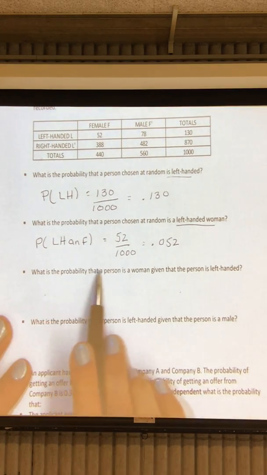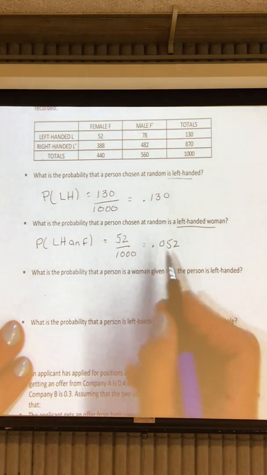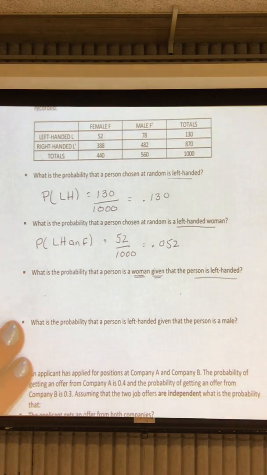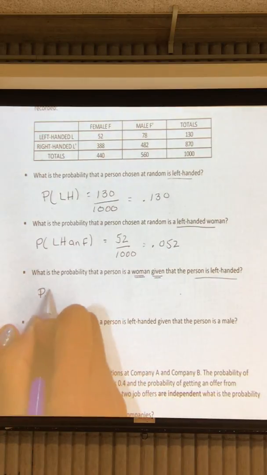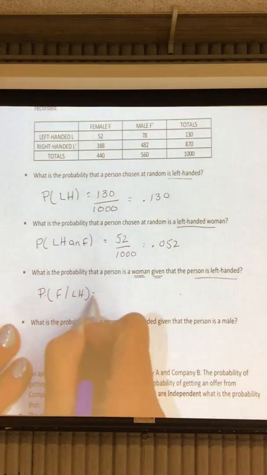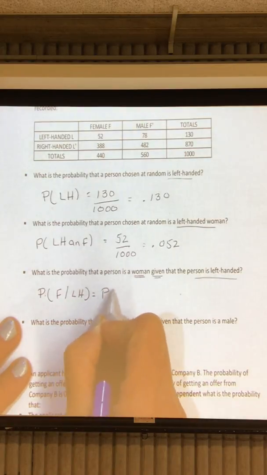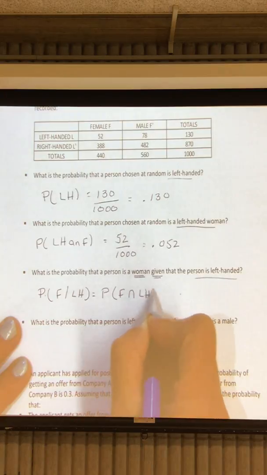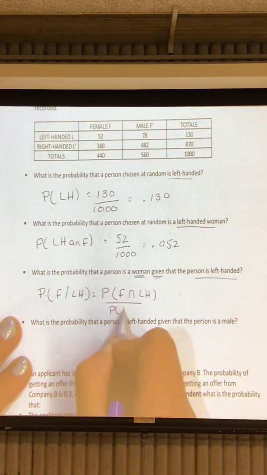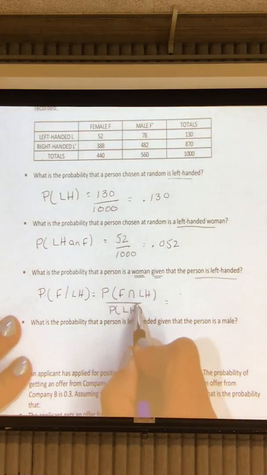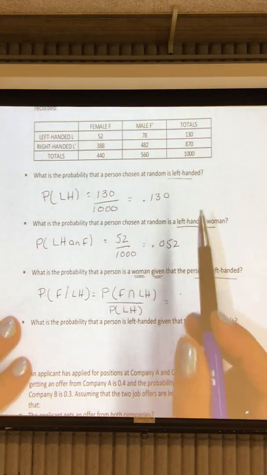The next one, what is the probability that the person is a female or a woman given that the person is left-handed? So the probability that she is female given left-handed. And again, your formula is the probability of female and left-handed over the probability of left-handed.